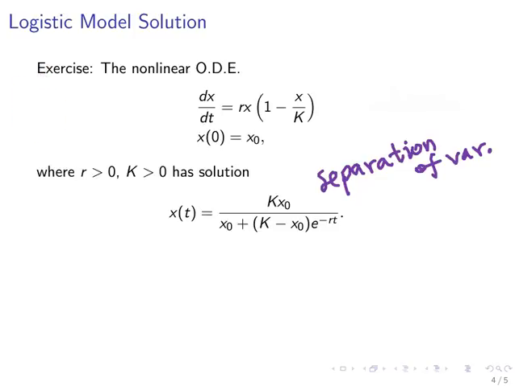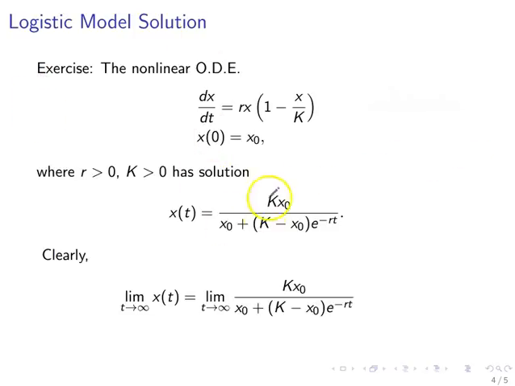Once you have this solution, you could compute the limit of x of t as t goes to infinity, and you can confirm what we had concluded with the one-dimensional flow analysis: k is a horizontal asymptote of x of t, due to the fact that k is a stable equilibrium point. So solutions converge to that equilibrium point.